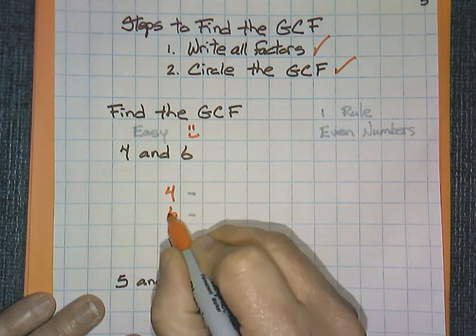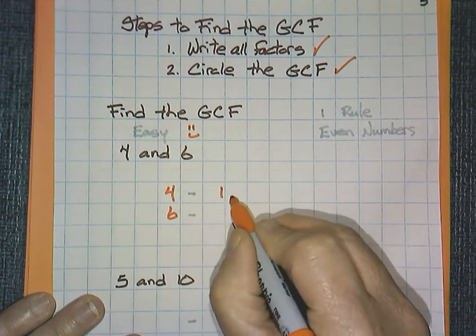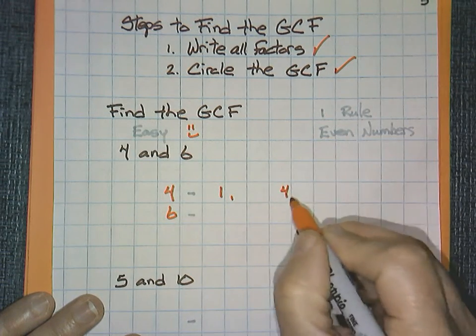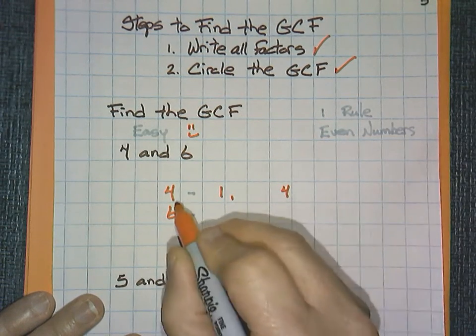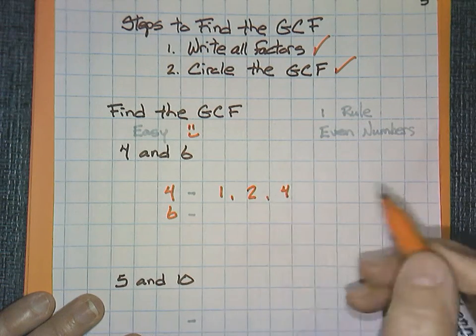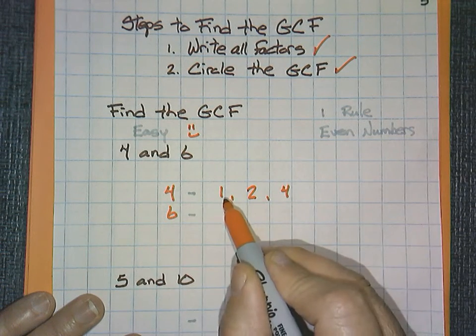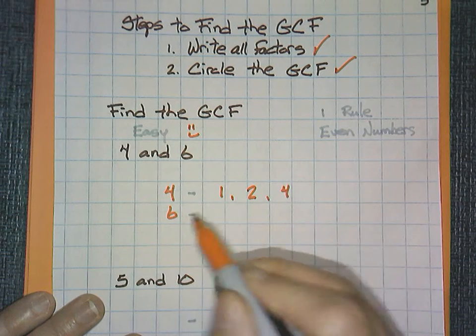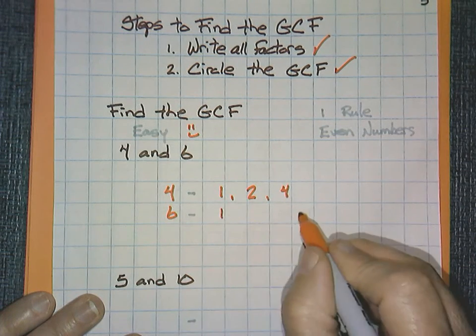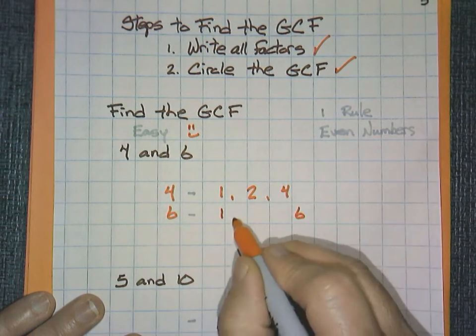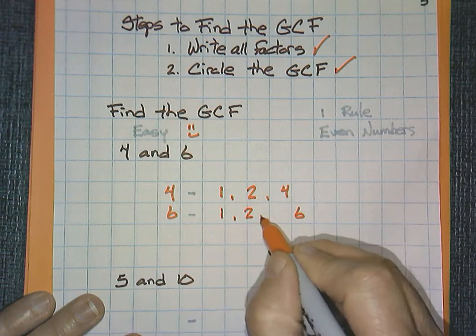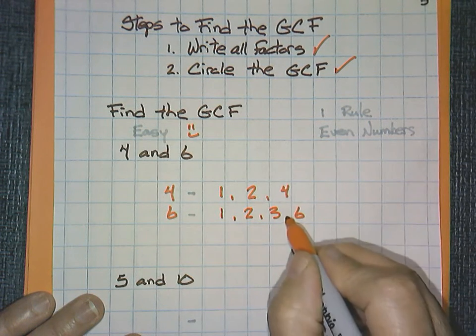So 4 and 6. For 4, it would be 1 times 4, but we could also go 2 times 2. I'm only going to list the 2 once. So my factors for 4 are 1, 2, and 4. Factors for 6 would be 1 times 6, but you could also multiply 2 times 3.